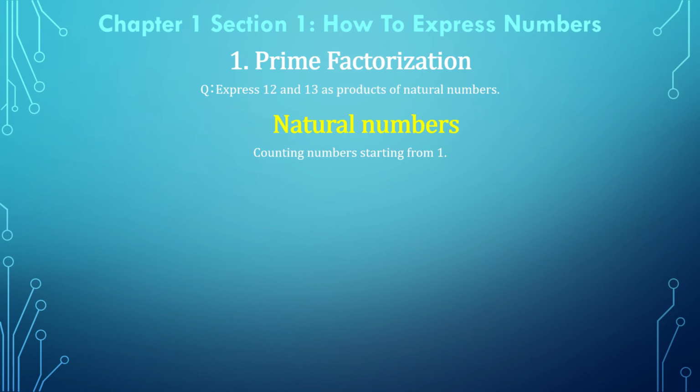One is natural numbers. They are counting numbers starting from 1. They are 1, 2, 3, 4, 5, and so on. Some people say that 0 is included in natural numbers. But in junior high schools or high schools, natural numbers usually don't include 0.